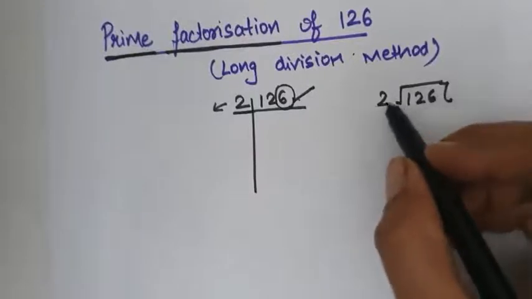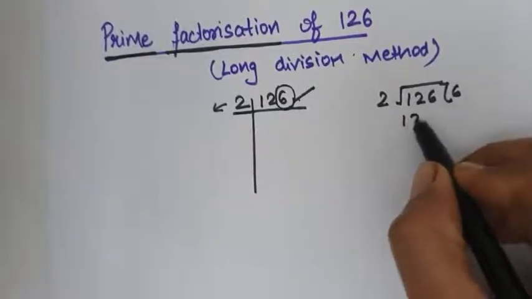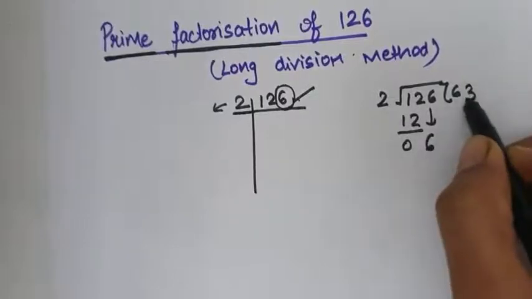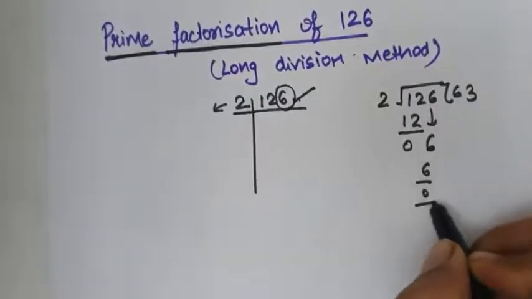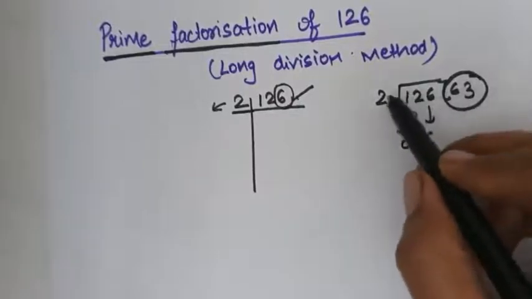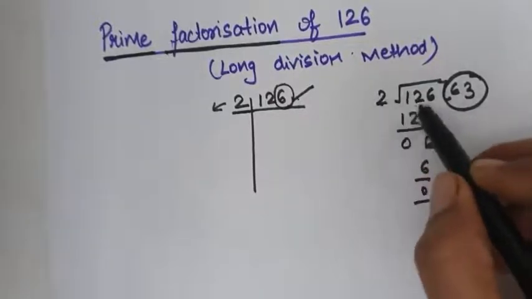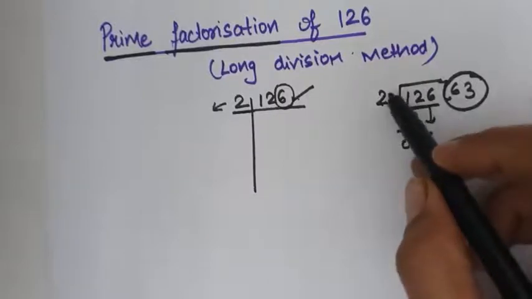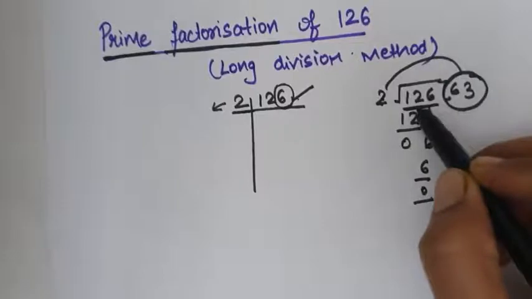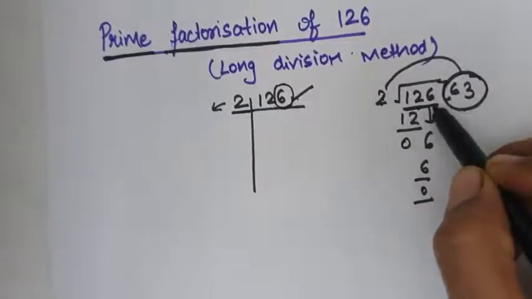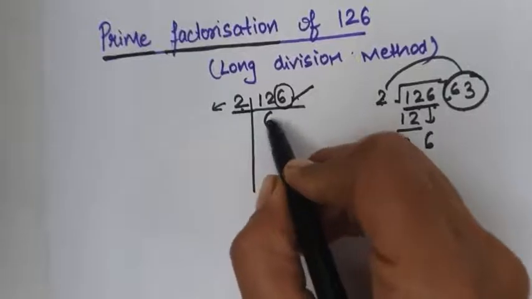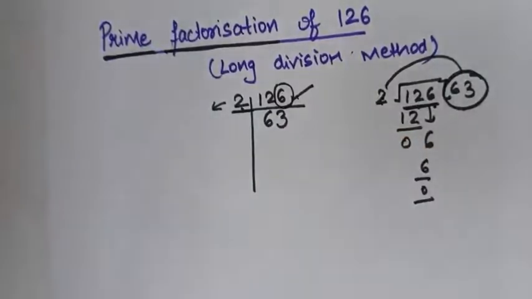Now let us see what the answer is. 2, 6 is 12. Then 6 will come down. 2, 3 is 6. So this is your answer. It means in the table of 2, if you multiply 2 by 63, 126 will come. So I will write 2 here and 63 here.